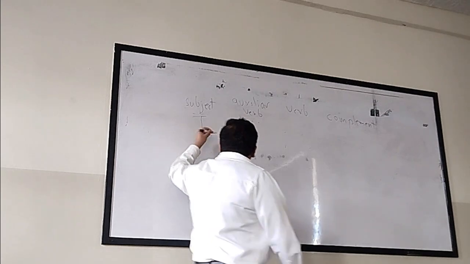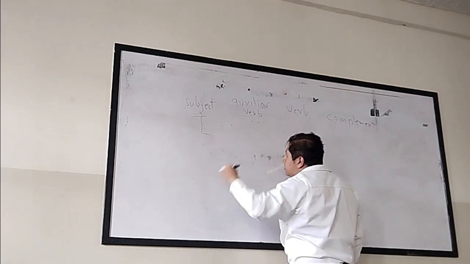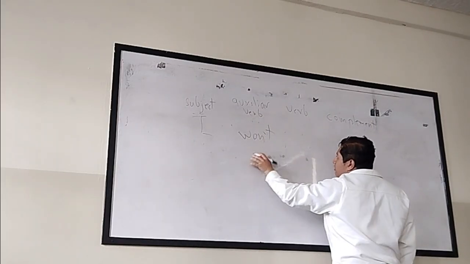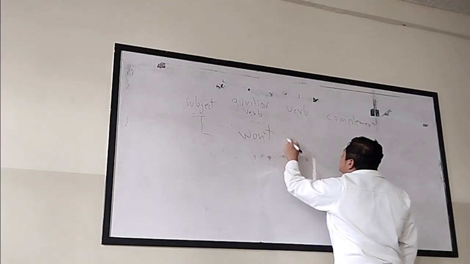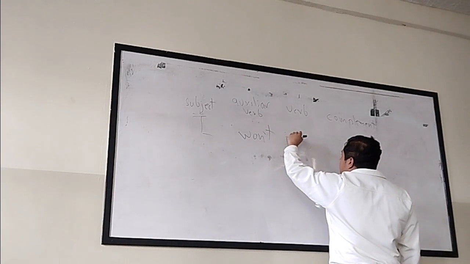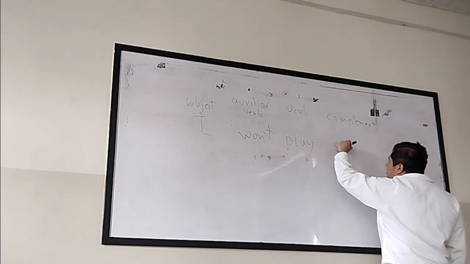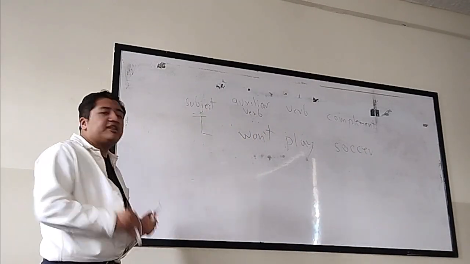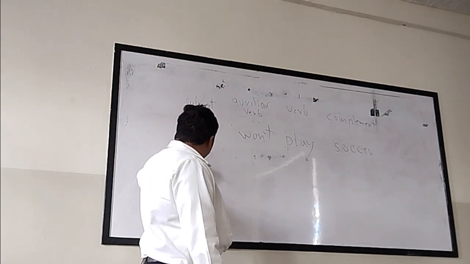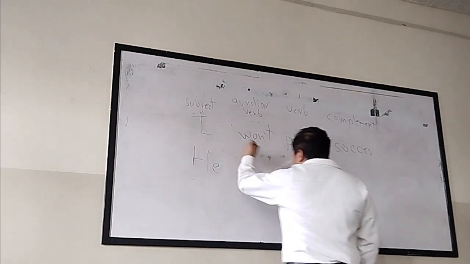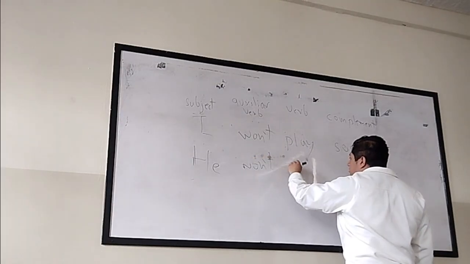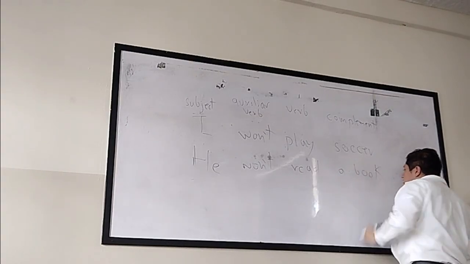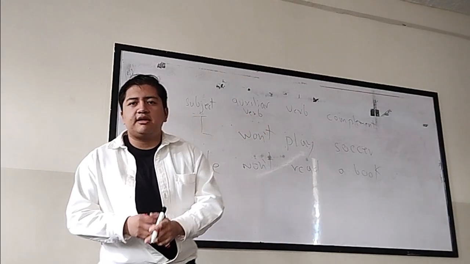So it's the same structure: I, in this case "will" but in negative "won't", and obviously remember to put the apostrophe in the word. Then the verb and the complement. Nothing else changes, so it's not really difficult to understand. The same with third person, he, she, it. We use "won't" for negative, the verb, and finally the complement. It doesn't change anything, okay?